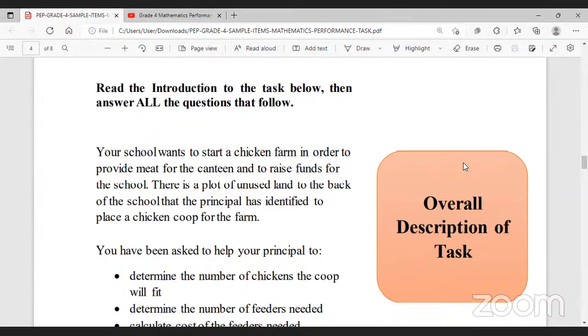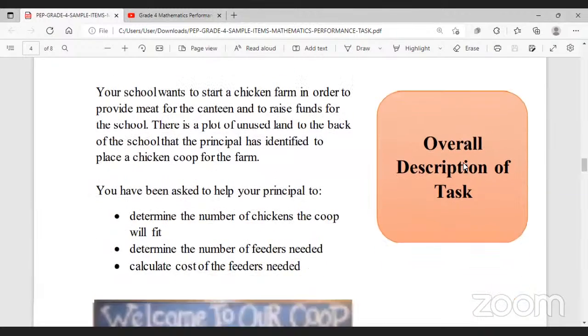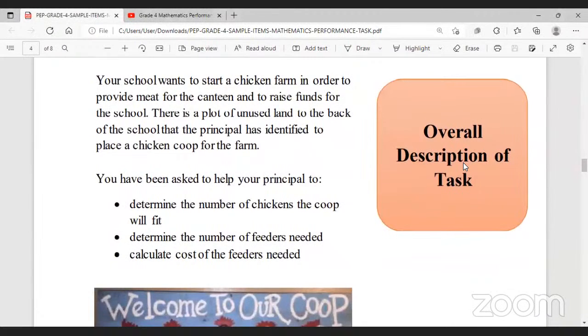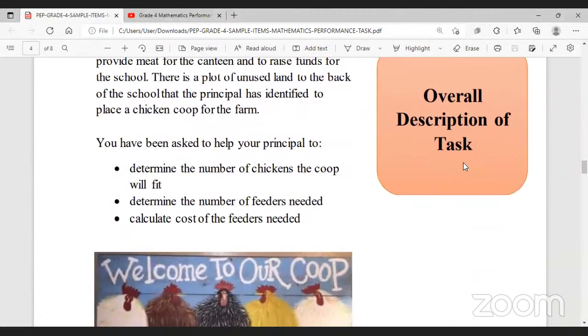There is a plot of unused land to the back of the school that the principal has identified to place a chicken coop for the farm. You have been asked to help your principal to determine the number of chickens the coop will fit, determine the number of feeders needed, and to calculate the cost of the feeders needed.